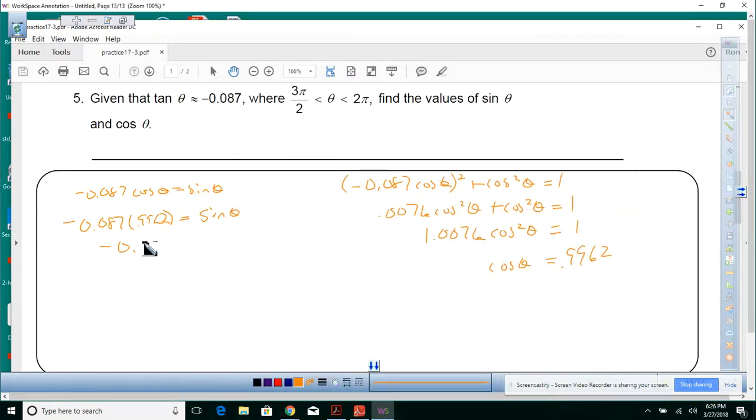Negative 0.0867 equals sine theta. Now let's check our signs.